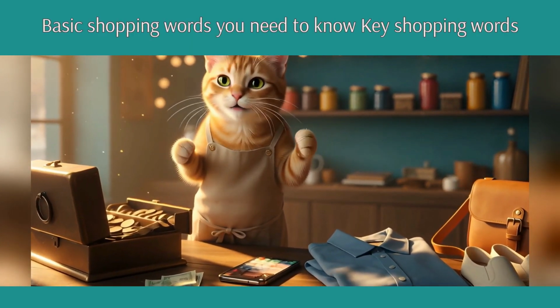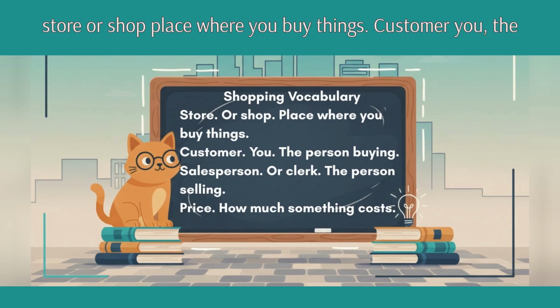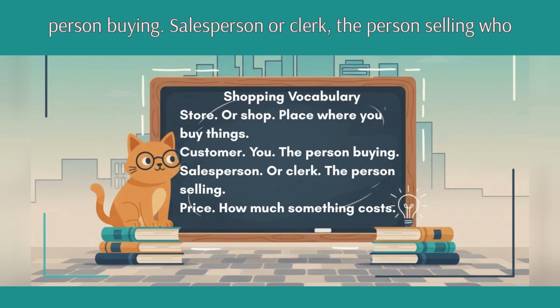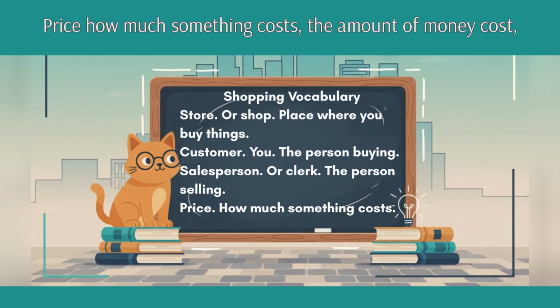First, basic shopping words you need to know. Key shopping words: store or shop. Place where you buy things. Customer. You, the person buying. Salesperson, or clerk, the person selling, who works in the store. Price. How much something costs.